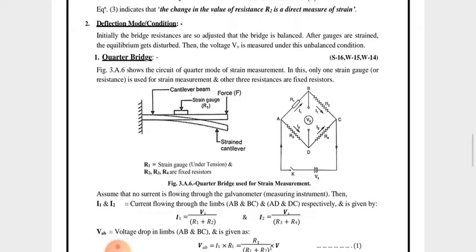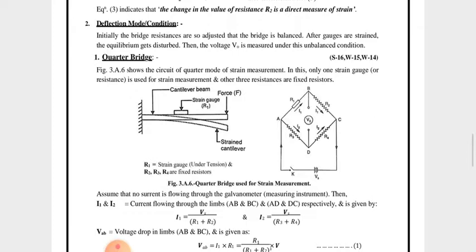So in the quarter bridge, in the circuit of a quarter mode of strain measurement, only one strain gauge or resistance is used for the measurement, and the other three resistances are fixed. Assume that no current is flowing through the galvanometer.